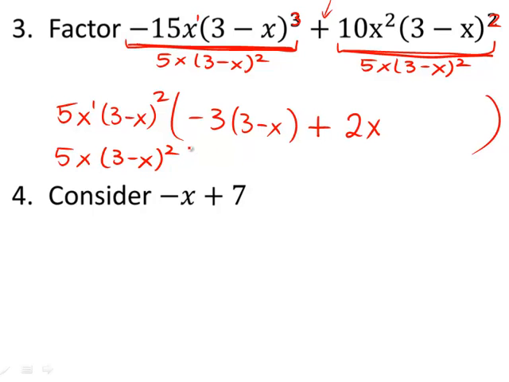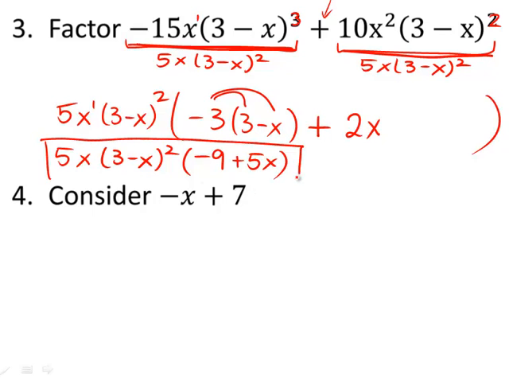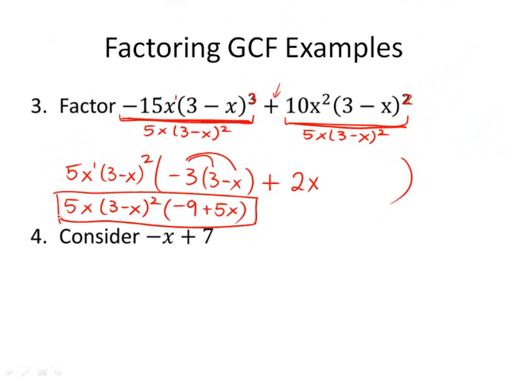So that would be giving us negative 9 plus 3x plus 2x, which is basically negative 9 plus 5x. So you could just write that as negative 9 plus 5x. Yikes, hey? So this is an example of a higher level question. It's just got more going on with it, but the same process applies.